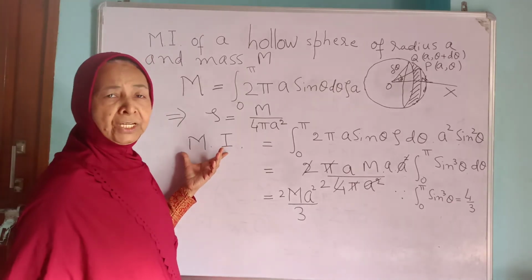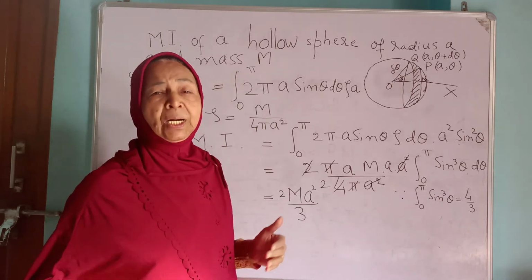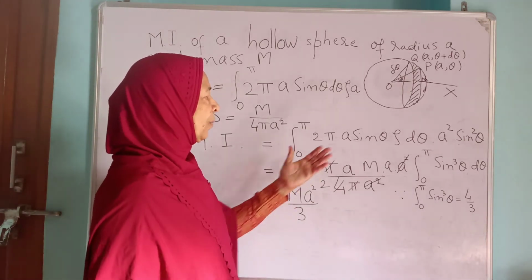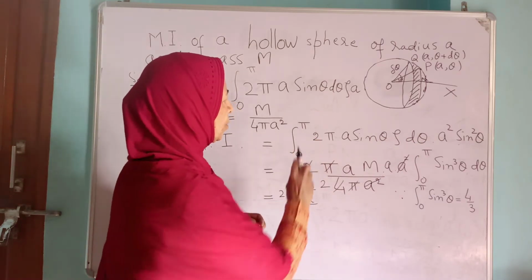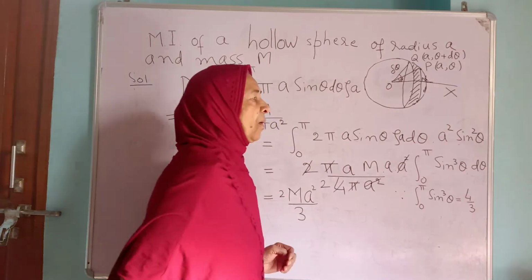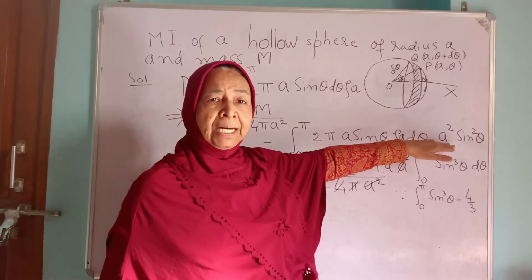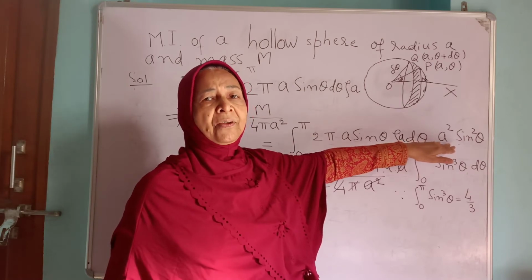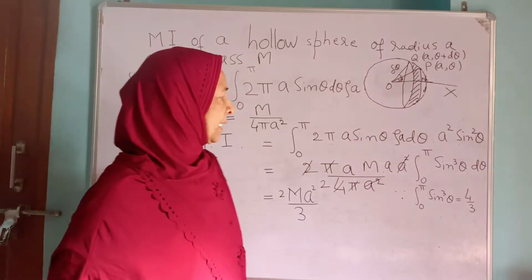Now, moment of inertia is simply the mass into perpendicular distance square. So, for mass you have these terms, and then for perpendicular distance square, you have a sin theta. So, a square sin square theta.